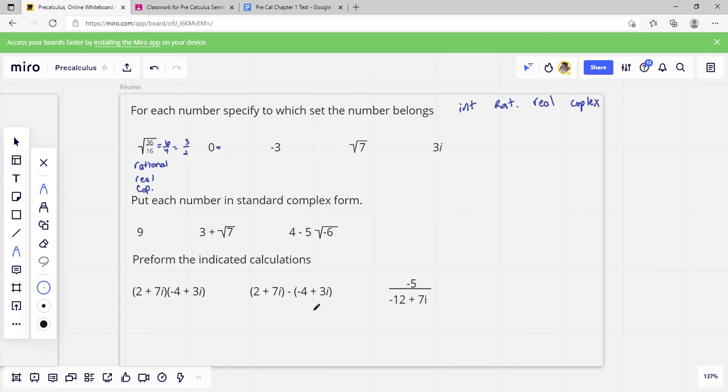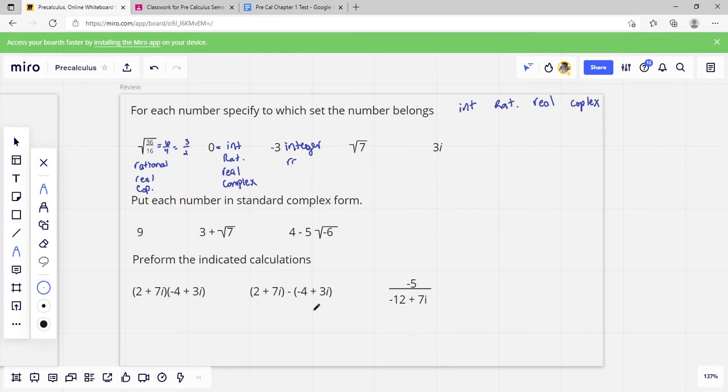All right, 0 is going to be an integer. Is it rational? Yes, it is rational. Is it a real number? Yes, it is a real number. And it is also complex. All right, -3 is an integer. Yep. Is it a rational number?